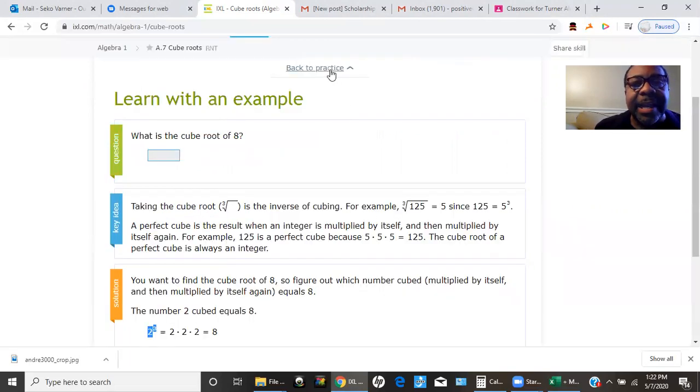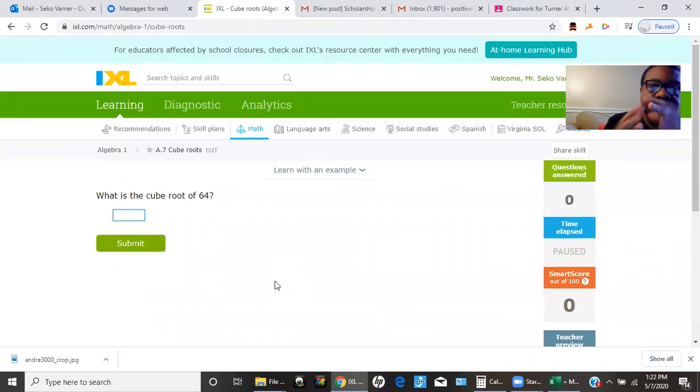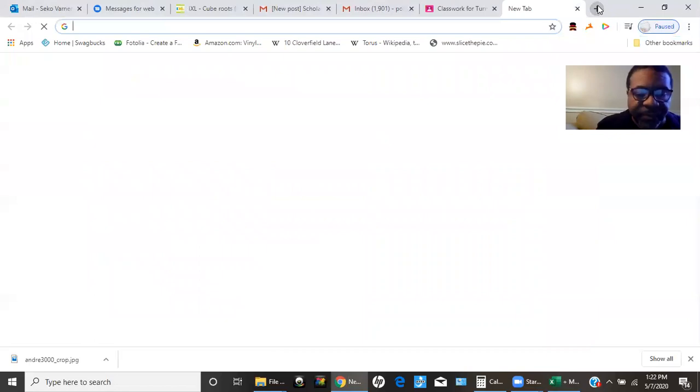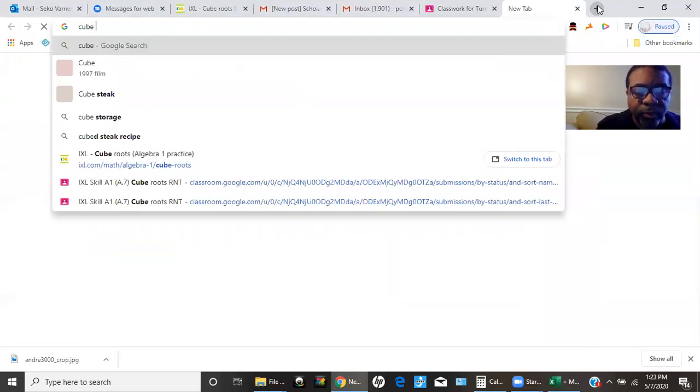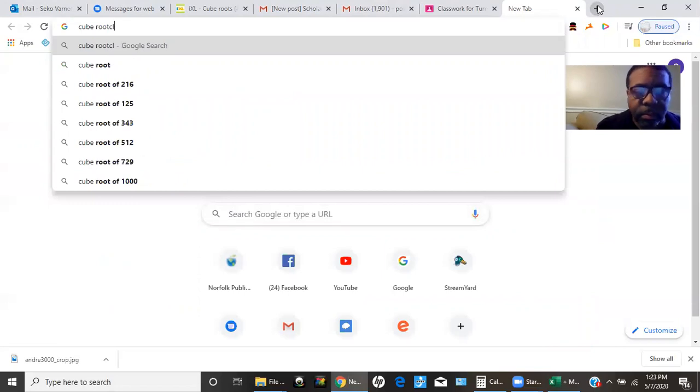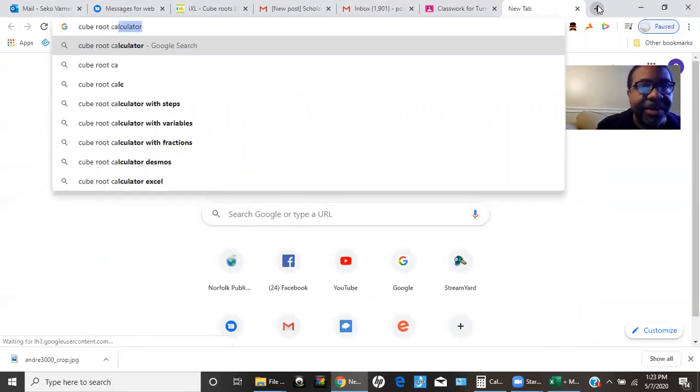So now let's go and put this in real time. Now, the calculators that you probably have don't have a cube root function on them. So what I'm going to suggest is that you find the cube root calculator. Well, I spelled calculator wrong. There you go.